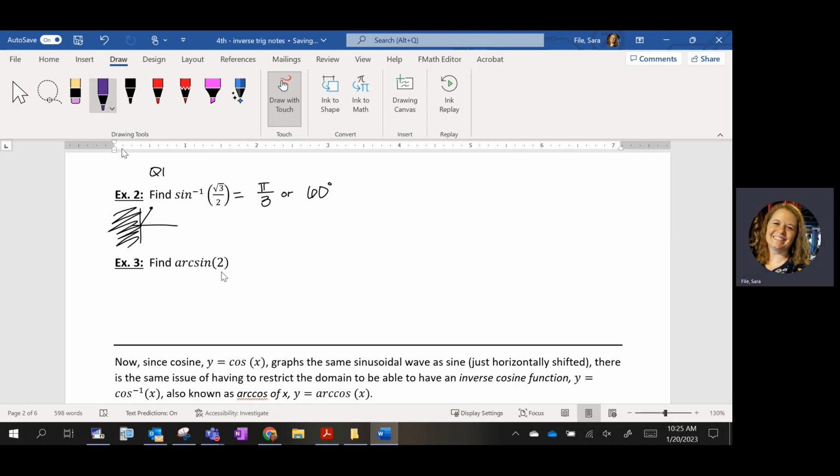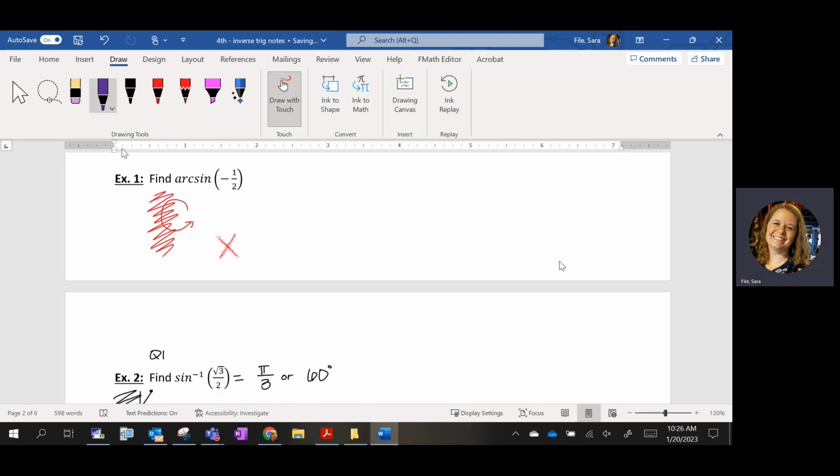This is the input, right? This number here in place of x, that's our input for inverse or arc sine. And what does this number have to be between? What did we say the domain for arc sine is? That's the range.